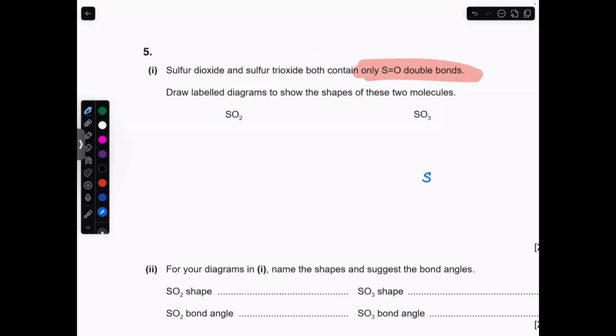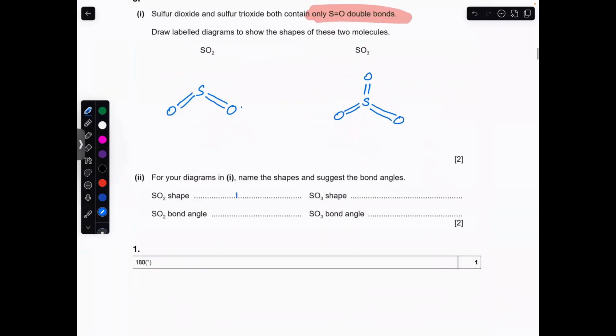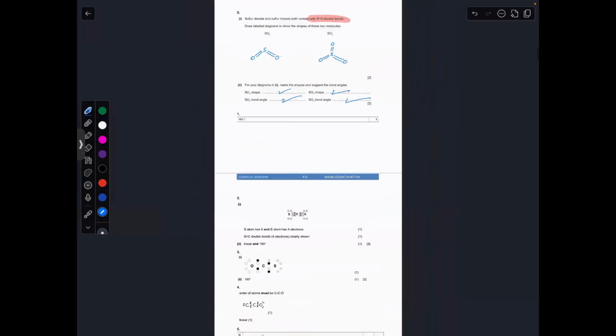So if it is SO3 and all bonds are double bonds, this clearly indicates that there is one oxygen double bonded, another oxygen double bonded, and another oxygen double bonded. What they're asking is shape and angle. It's a 4-mark question.